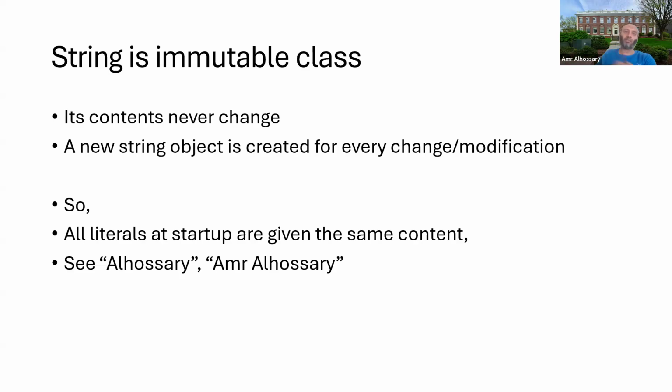So every language implements the string in a different way. Consequently, if we do any change or modification in the string class, a new string object is created for every change or modification. Okay?